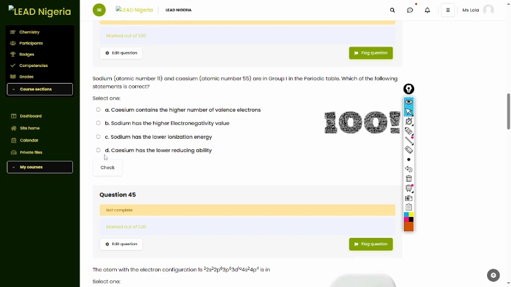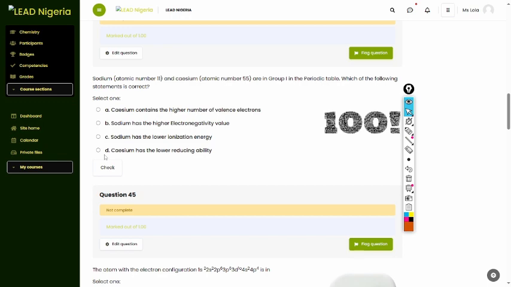B, sodium has a higher electronegativity value. So this would then relate to the trend of electronegativity down the group, which means when we have different periods, what happens to the electronegativity? According to the periodic trend, electronegativity, which is the ability of an atom to accept electron, increases across the period and decreases down the group.